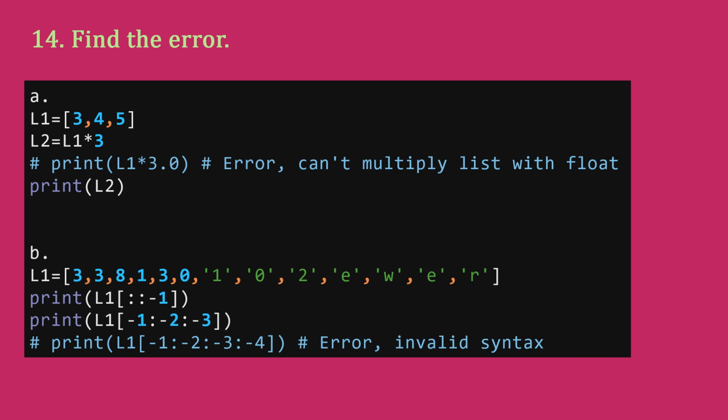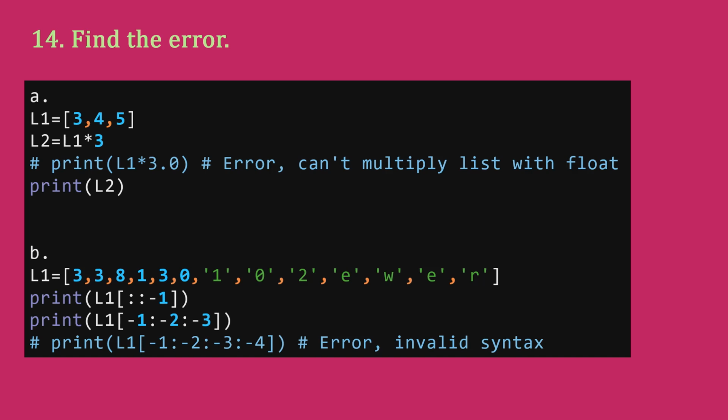This is not possible. Now in the next case you can see there is another list L1 having some values. Now we are trying to print L1[::-1]. This is the list slice which will reverse the list and give you the output with the elements of the list in reverse order.